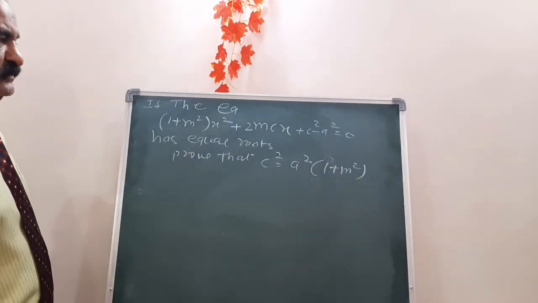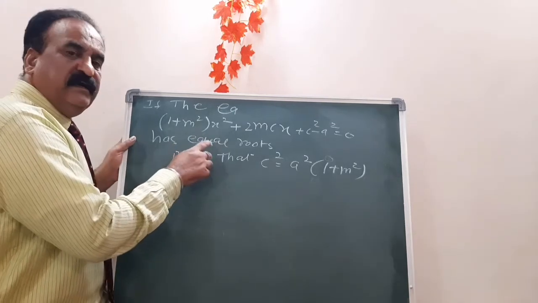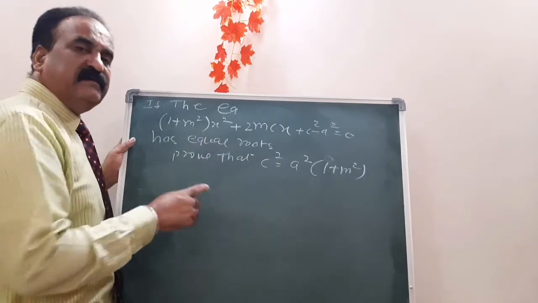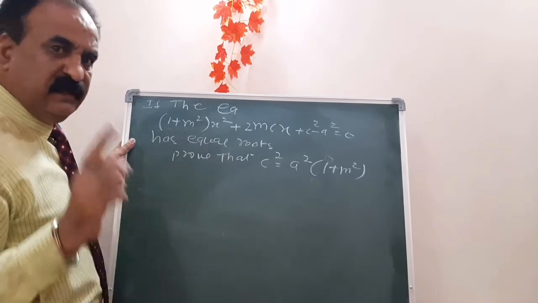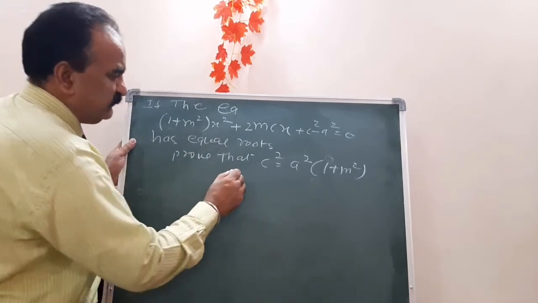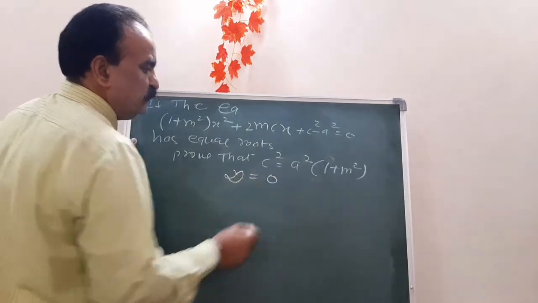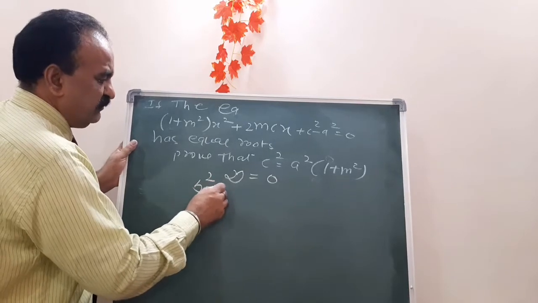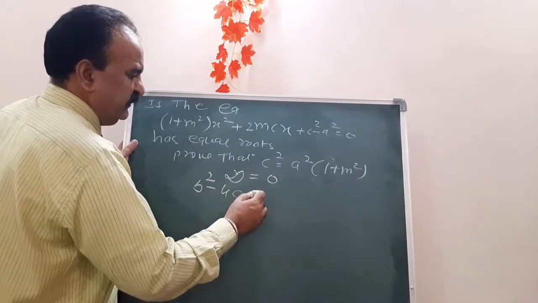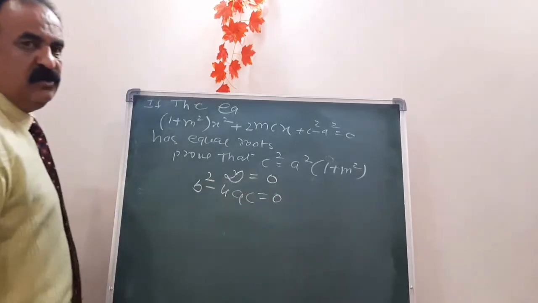Now my question is, according to the question it is given that the equation has equal roots. Equal roots means D equal to 0. And D equal to 0 means b square minus 4ac equal to 0.